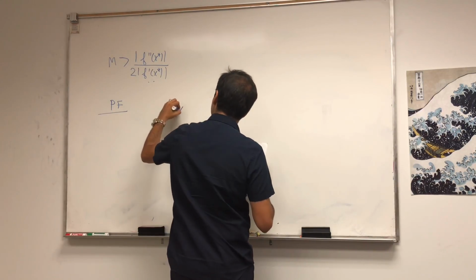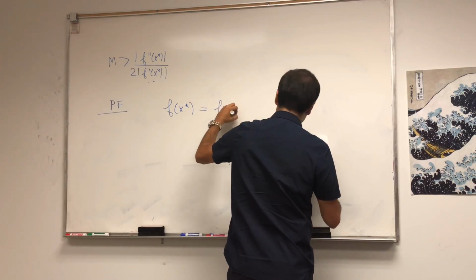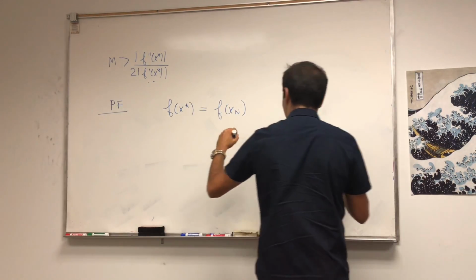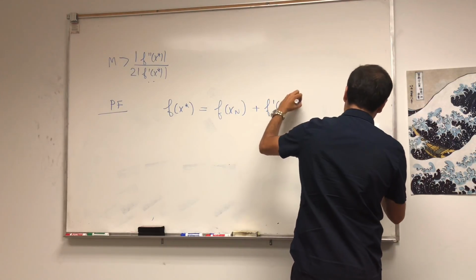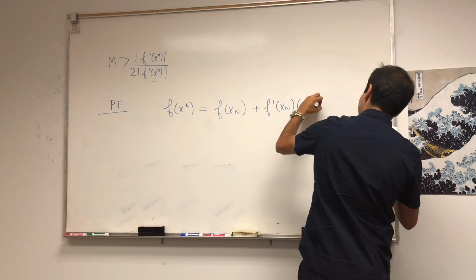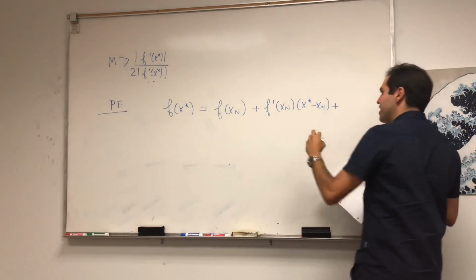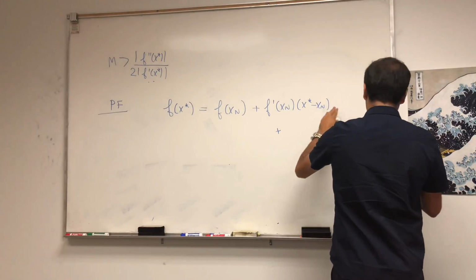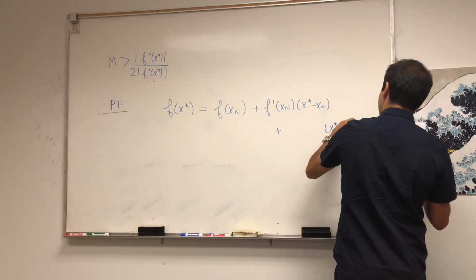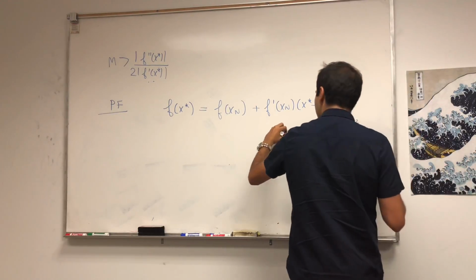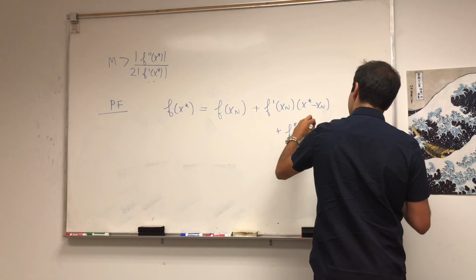So suppose you have this number f of x star, then Taylor expand up to the first order. So f of xn plus f prime of xn times (x star minus xn), plus a remainder, and you can write the remainder in the following form, namely it equals x star minus xn squared times a number, and that number can be written in terms of f double prime.